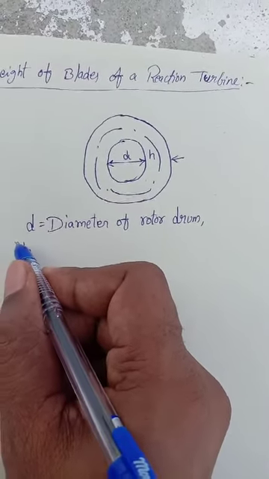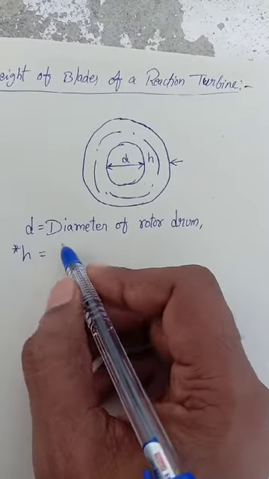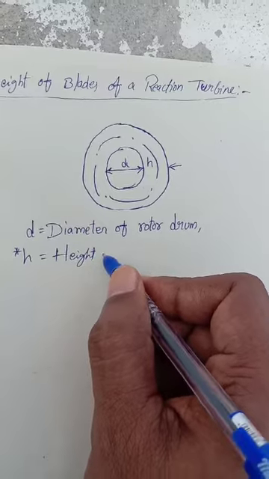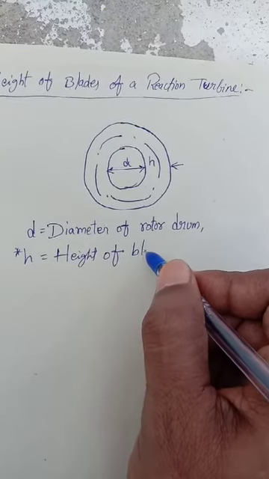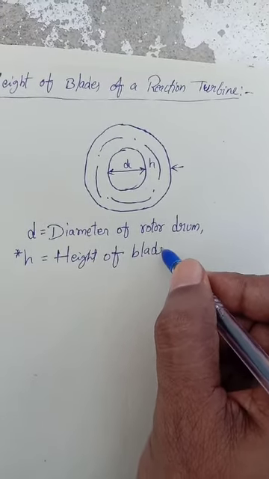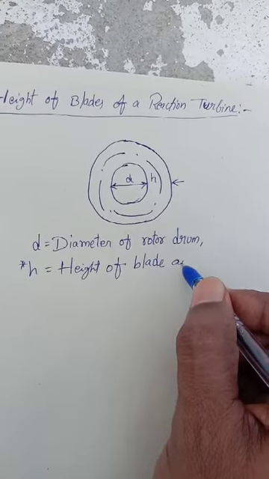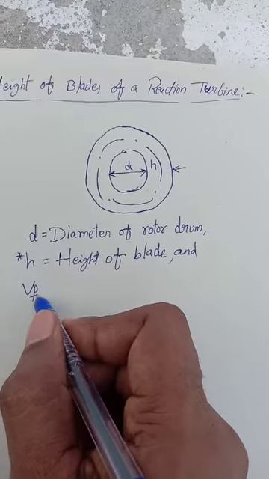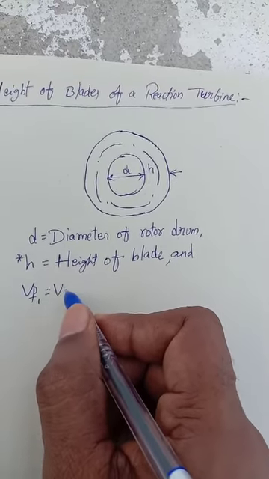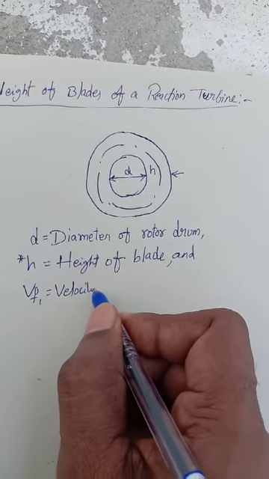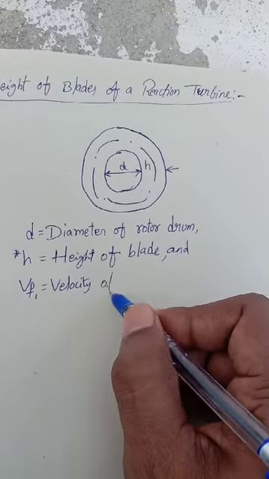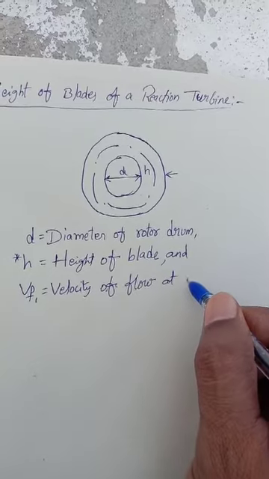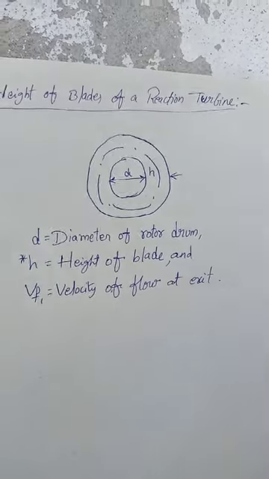Then here H represents the height of the blade, and Vf1 is equal to the velocity of flow at exit.